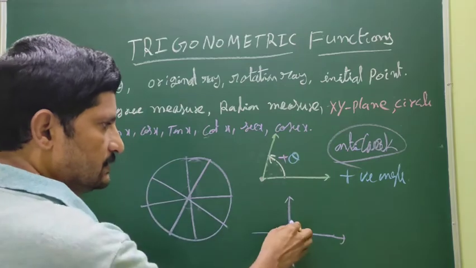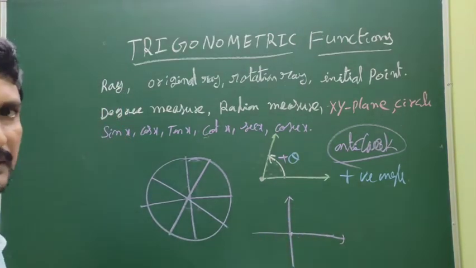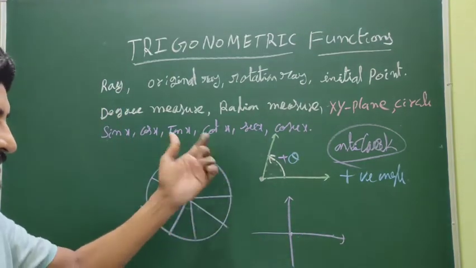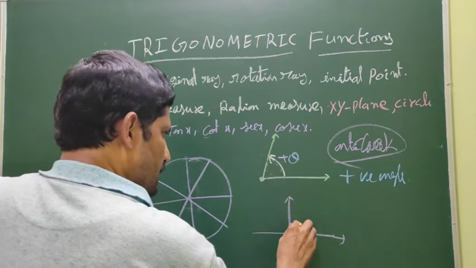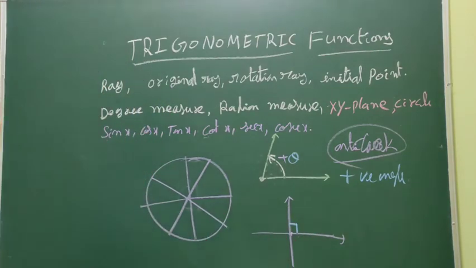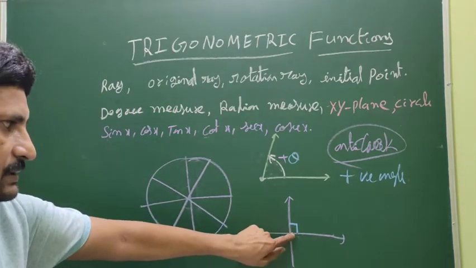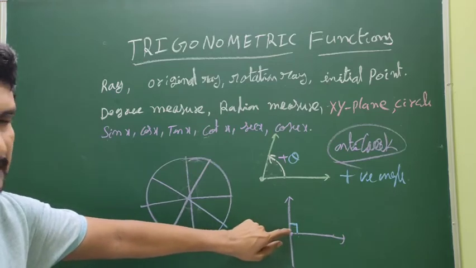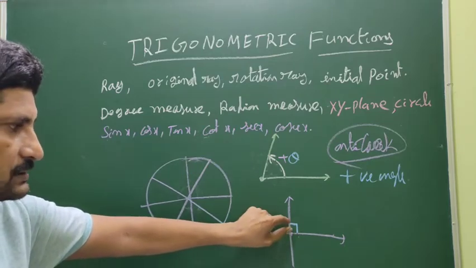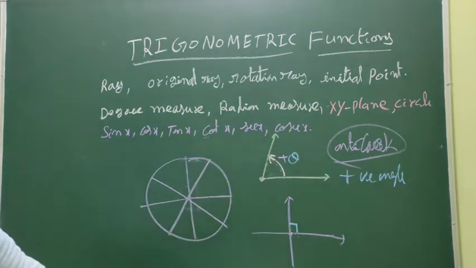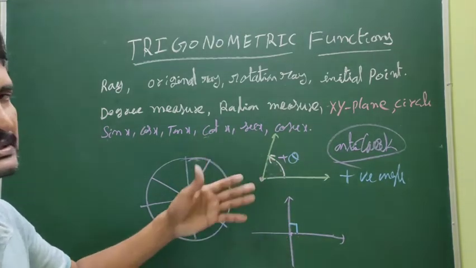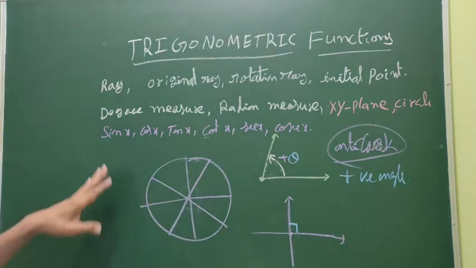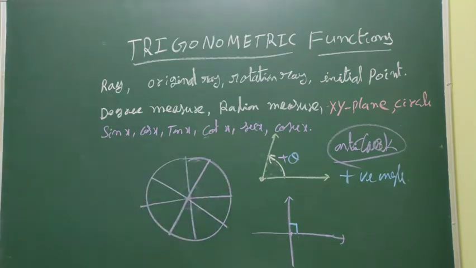This rotation, how much is this angle? Already you know it is 90 degrees. The special representation of 90 degrees is a small square. Four 90 degrees make 360. This is the degree measure. Already you know the degree measure.